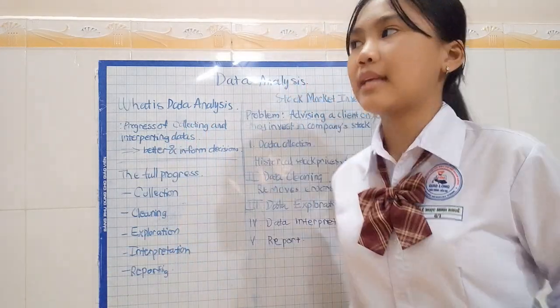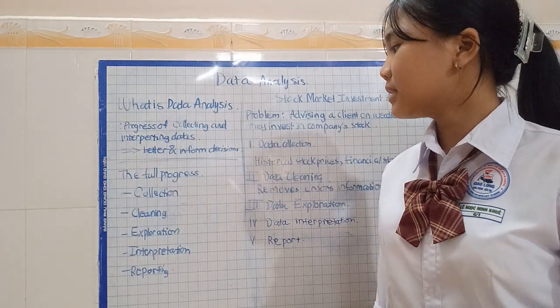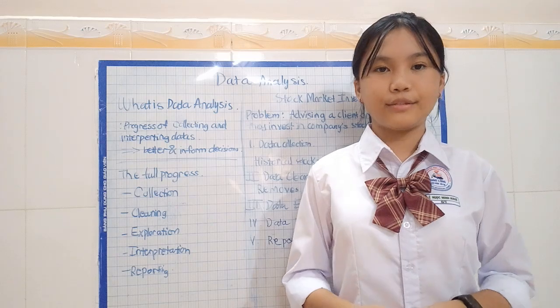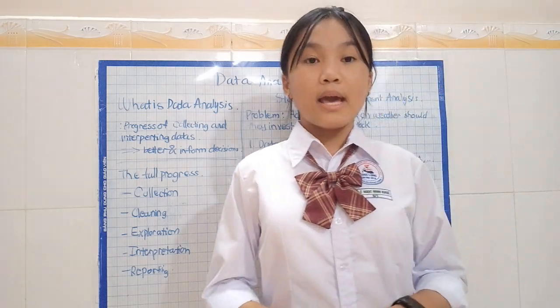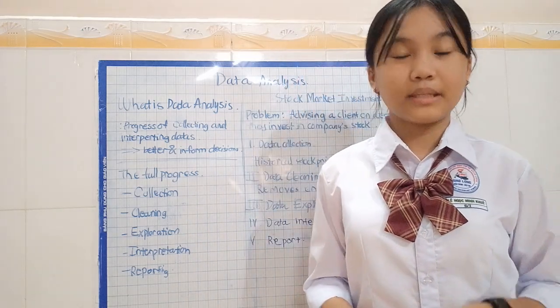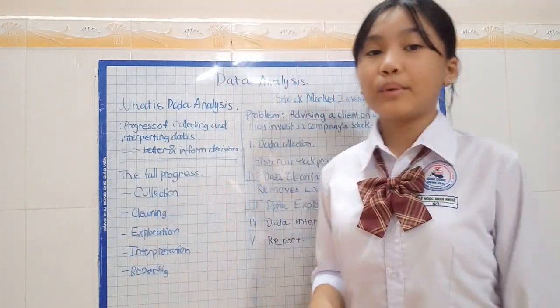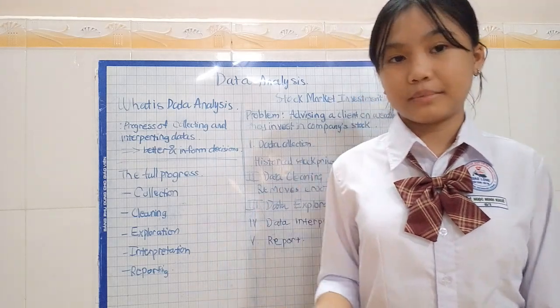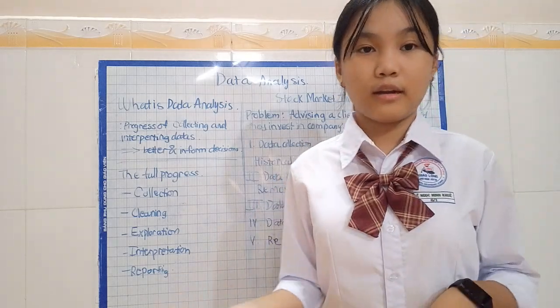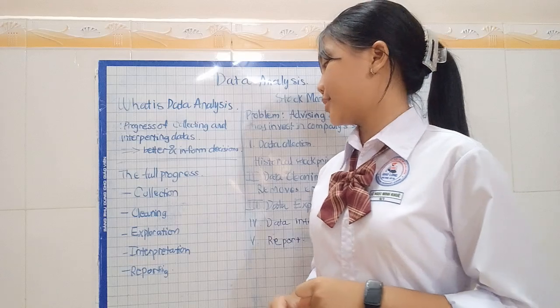So let's say we are deciding whether or not we should invest in, let's say, company A's stock, which we will be focusing on later. Then we need to collect the data from that company on whether or not that stock has a lot of value, etc.